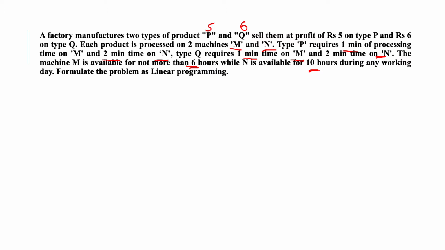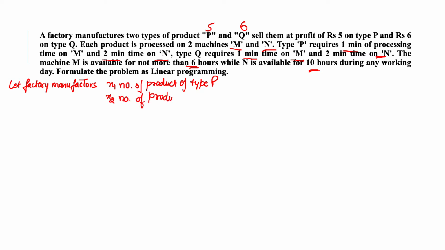Okay, so for that let us assume that the factory manufactures x1 number of products of type P and x2 number of products of type Q. So what do we have in this question?